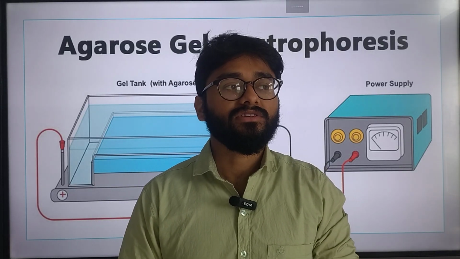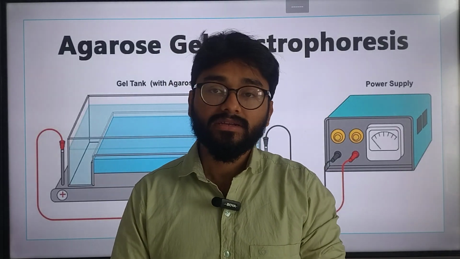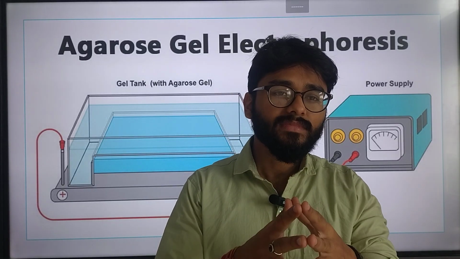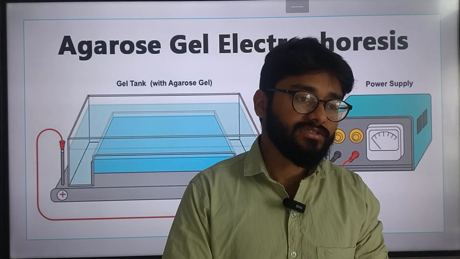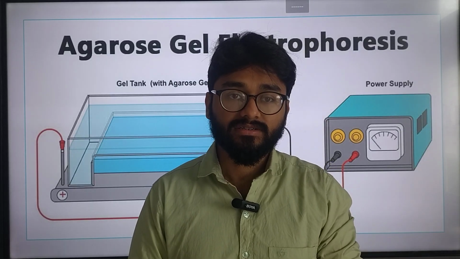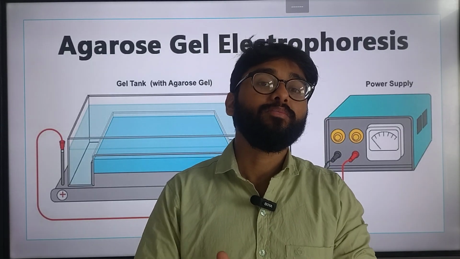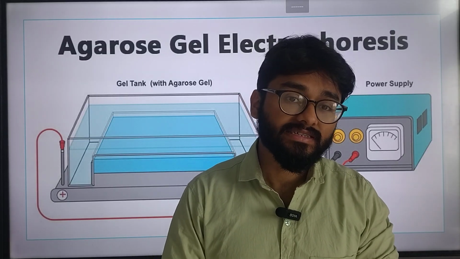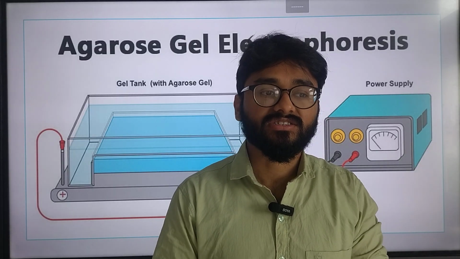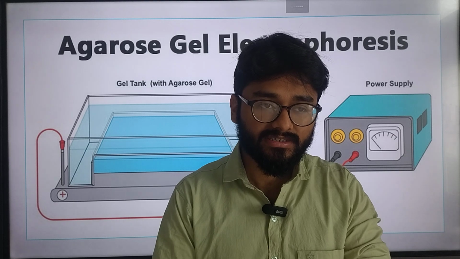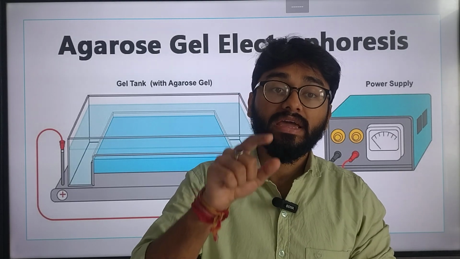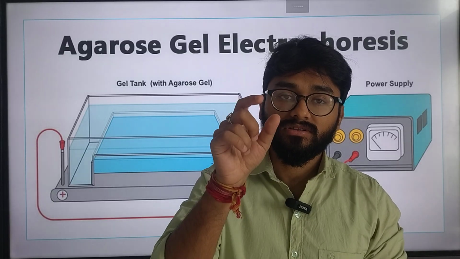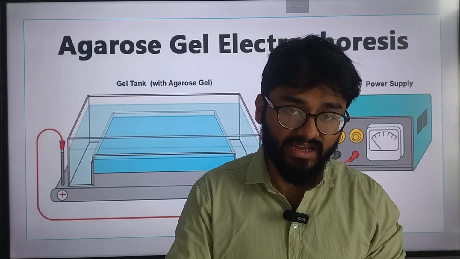Now this DNA molecule, based on the fragment sizes, moves through a medium with the help of the electric current. This entirety is called electrophoresis, the splitting of fragments that move through a lane. What is this lane? The lane is the channel or passage that you have provided.